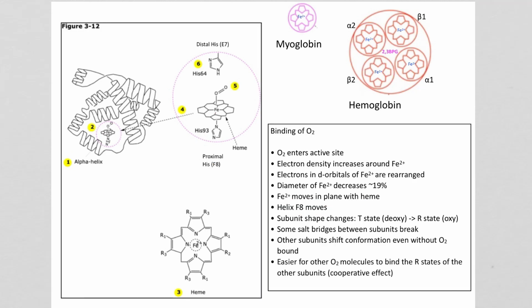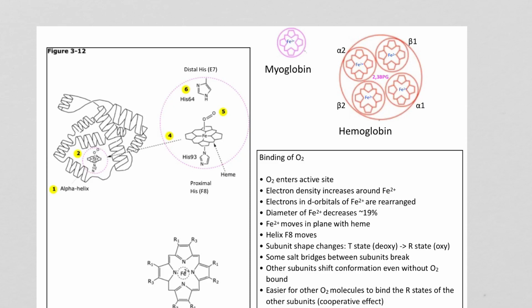And this movement of helix F8 will lead to a change in the shape of myoglobin, as well as a change in shape of the subunit of hemoglobin. In the case of myoglobin, there is only one polypeptide chain, so this change in shape doesn't cause any further dramatic effects.